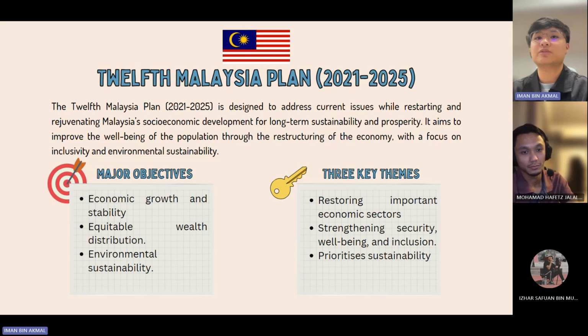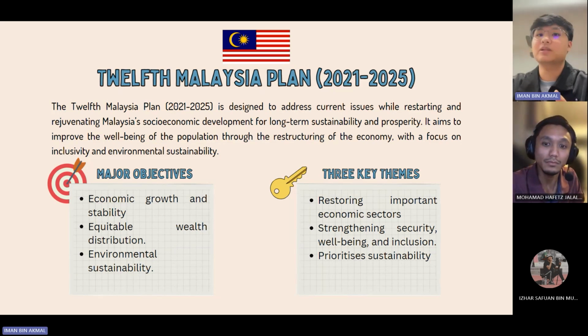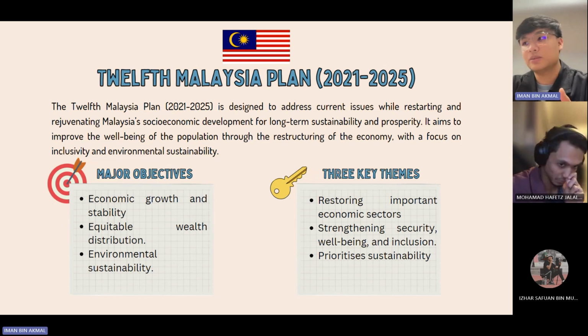It also aims to improve the well-being of our population through the restructuring of the economy, with a focus on inclusivity and environmental sustainability. There are three major objectives: economic growth and stability, equitable wealth distribution, and environmental sustainability.